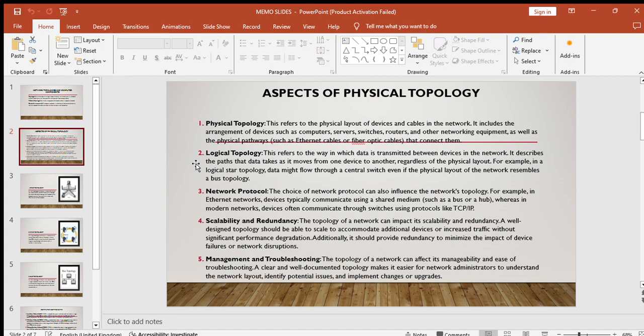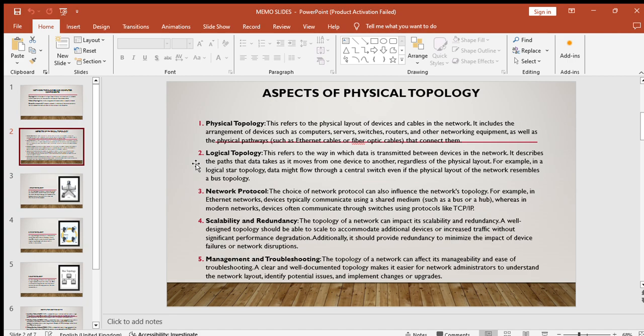Two, we have the logical topology. This refers to the way in which data is transmitted between devices in the network. It describes the paths that data takes as it moves from one device to another, regardless of the physical layout. For example, in a logical star topology, data might flow through a central switch, even if the physical layout of the network resembles a bus topology.